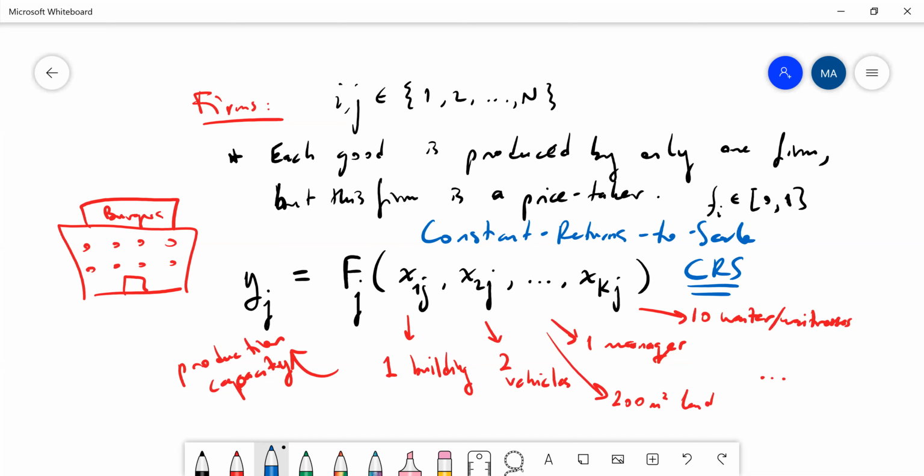So if, for instance, it's Cobb-Douglas, which is just one example, right? If you have K^alpha L^(1-alpha), if you increase both inputs by the same factor, then your production would increase by the same factor. Constant returns to scale.